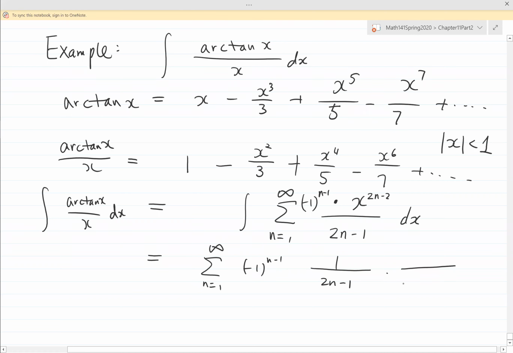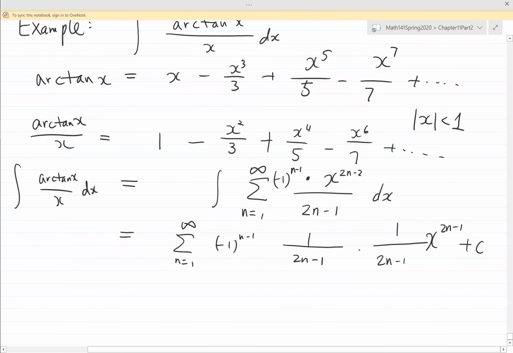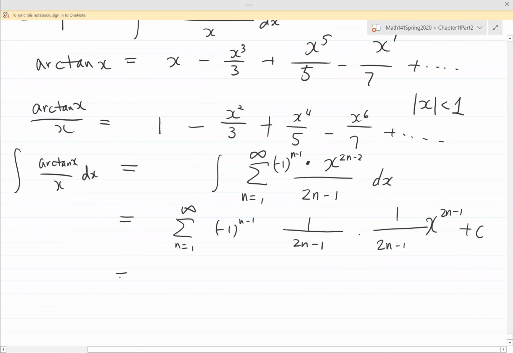So we get 2n minus 1 as the power of x, plus a constant c. So this will be the sum of negative 1 to the power n minus 1 over 2n minus 1 squared times x to the power 2n minus 1, plus a constant c.